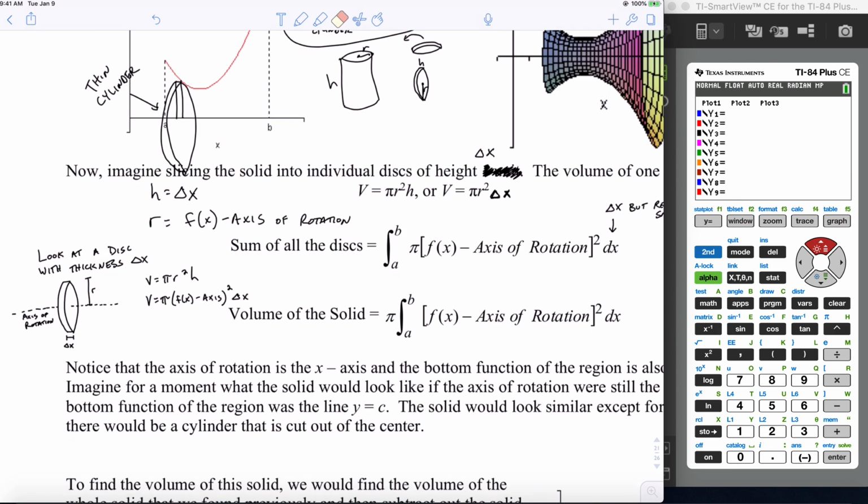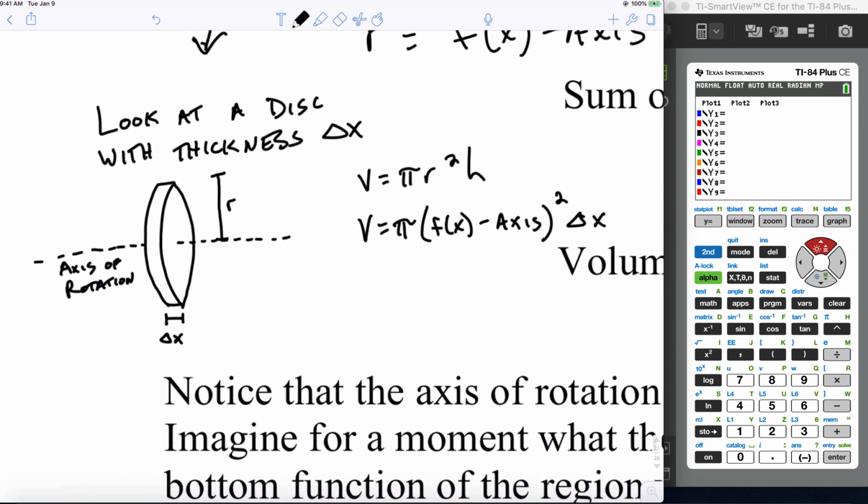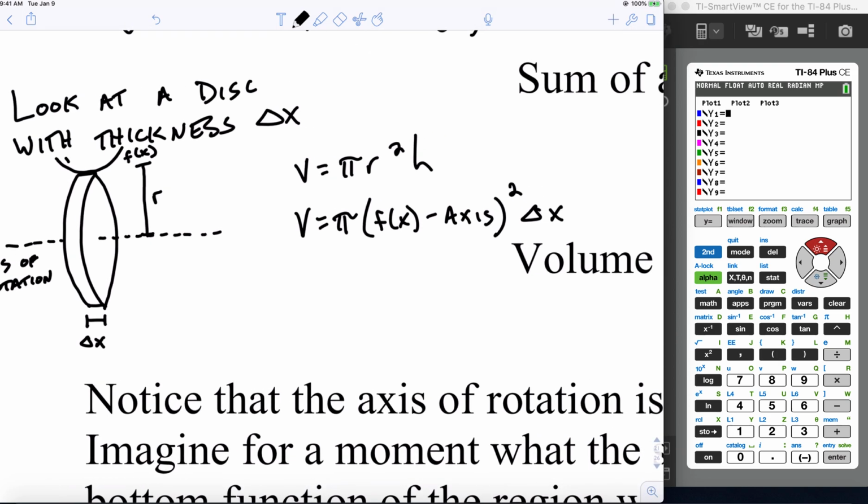I have a better picture. I kind of pulled one of these aside, and we have a little bit of a better picture here. Remember, this is touching the curve, like wherever the curve comes down, that's f of x. So the distance from the axis of rotation to f of x will be our radius. So that's what this is here.